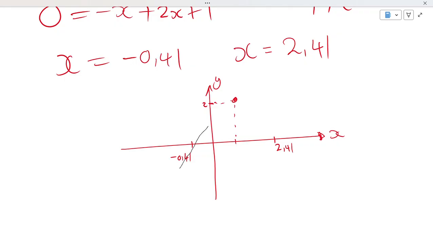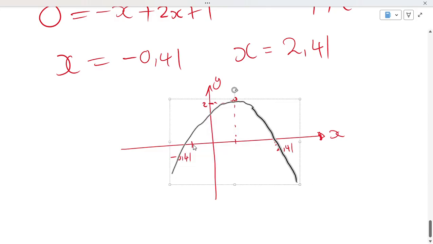That's why we have to go through all of these things, just so that we can verify our answer. Let's just say it touches everything.